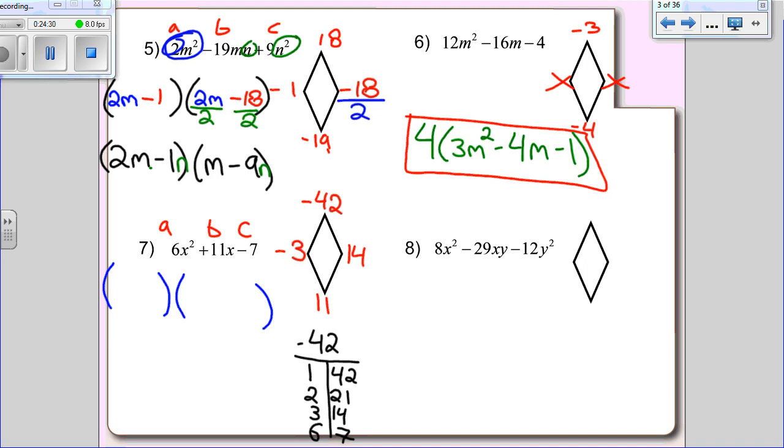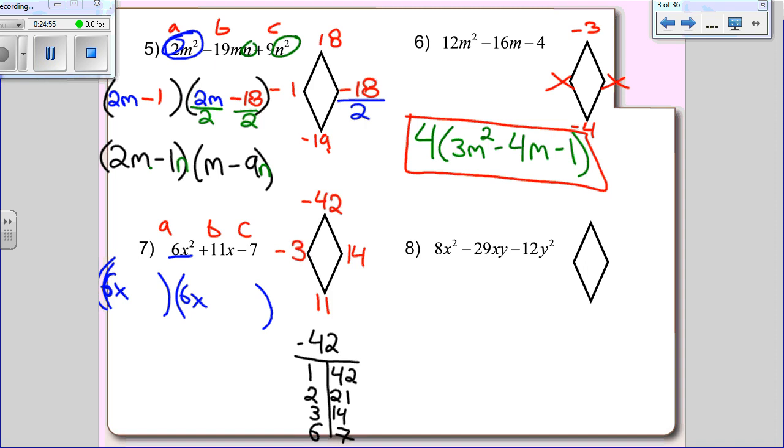I know I need x and x, and I know one of them has to be a 6, but I don't know which one. So I make both of them 6. And I know that's wrong. I know they can't both be 6. But I'm purposely putting 6 and 6 with the knowledge that I'll fix it later.